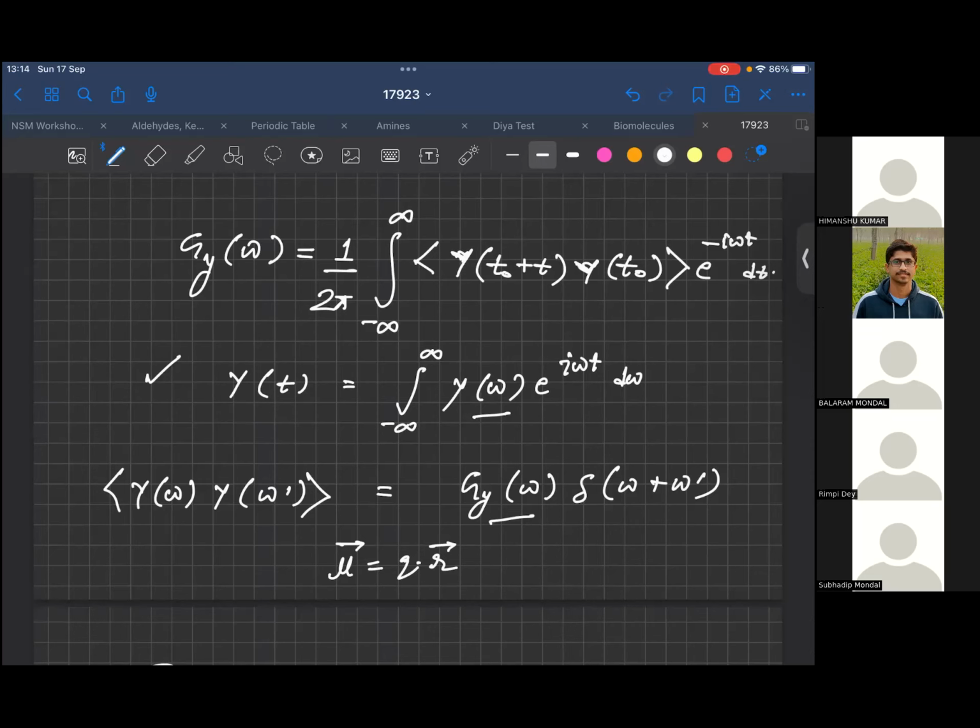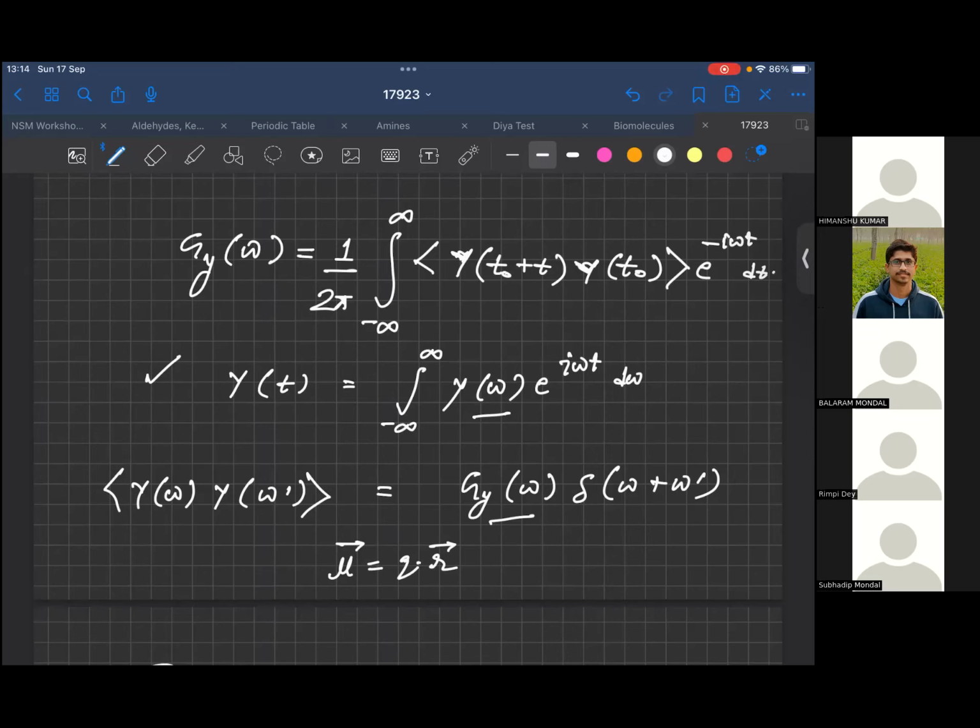But if we do this Fourier transformation, it most efficiently approximates the truncated part also. So that's why many people prefer double Fourier transformation to get this power spectrum.